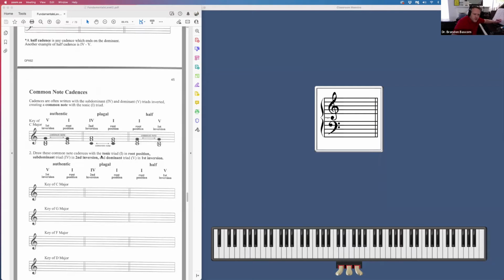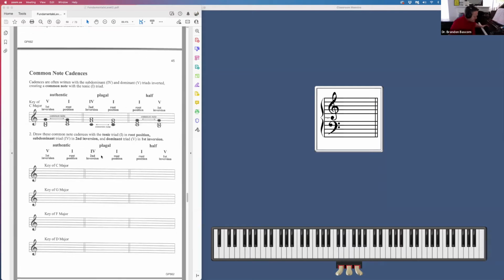But on 45, we're coming from an inversion using a common tone. So we have a dominant in first inversion. Our root is on the top. And we're going to a tonic chord, keeping that same tone.